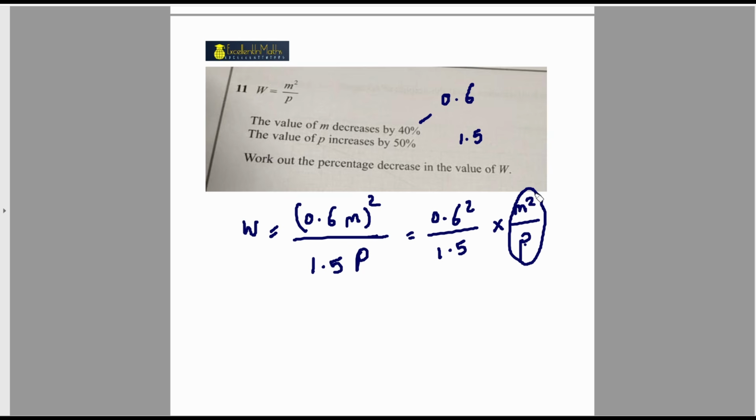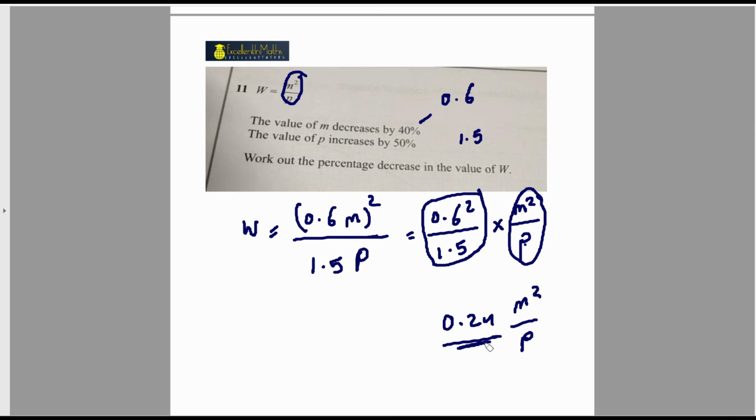This is what was before already. So from here you can find what happened as a percentage decrease. When you divide that, 0.6 squared divided by 1.5, you're going to get 0.24 m squared over p.